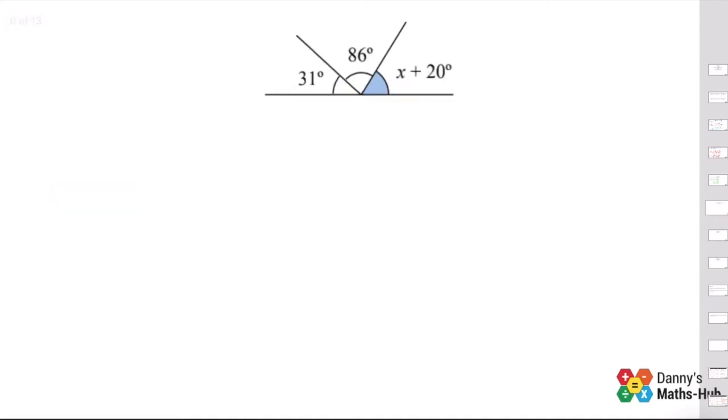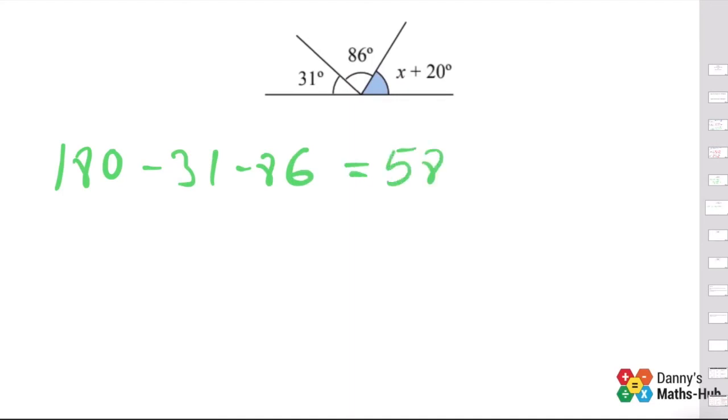Now this is when it gets ever so slightly confusing, when we start introducing algebra into it. However, if we use logic, we can still solve this. We should have 180 degrees. We've currently got 31 and 86, so we're going to take those two away, which leaves us with 58. So this angle here will equal 58.